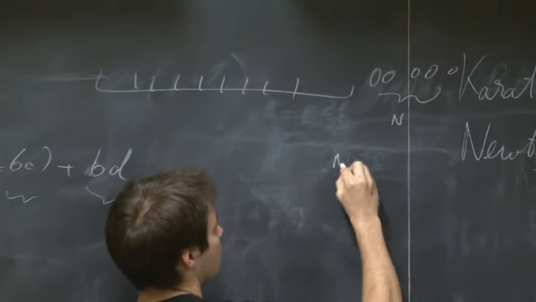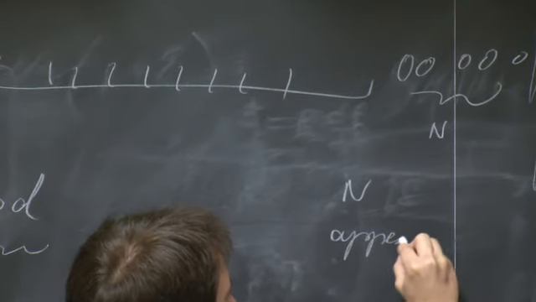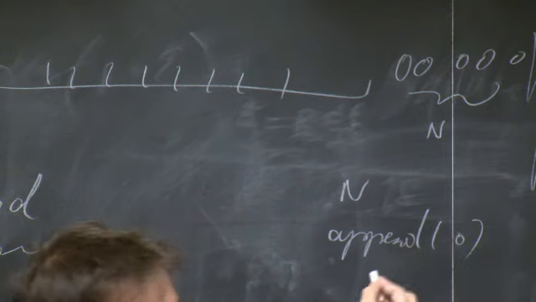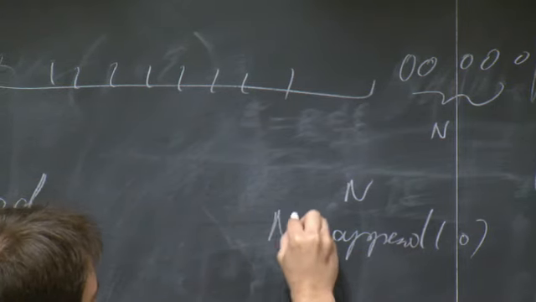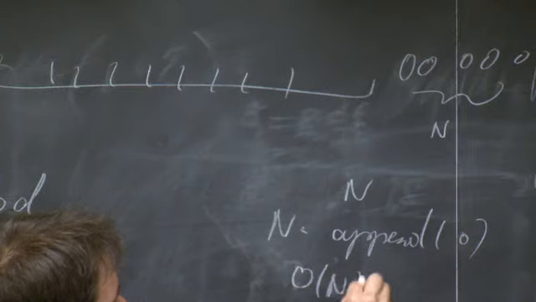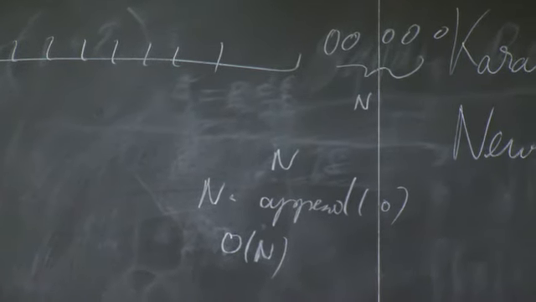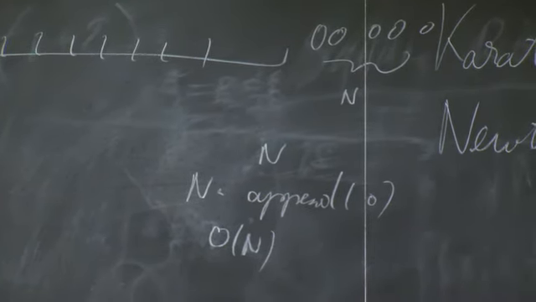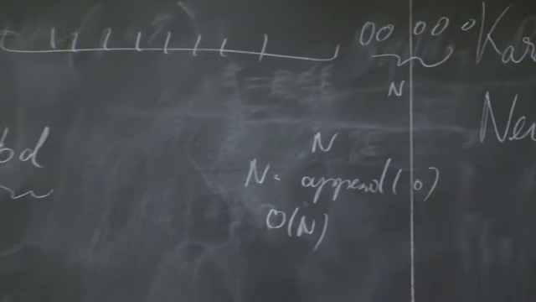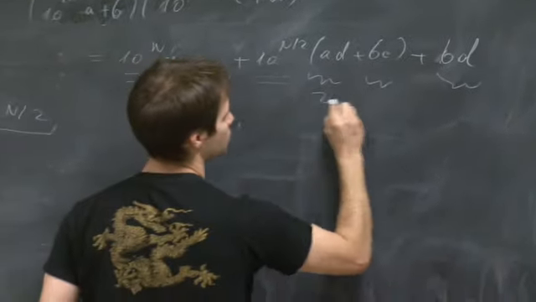So you call append of 0 n times. This is order n, so it counts as an addition, not as a multiplication. So these are free. These are expensive.